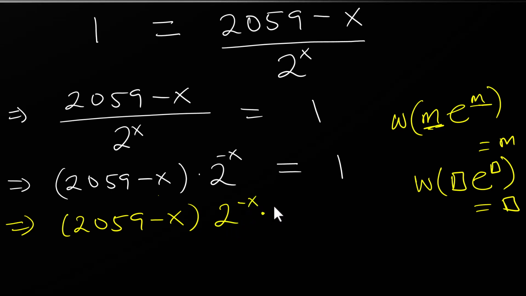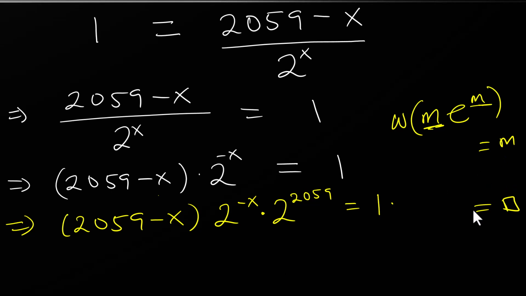So I'll multiply this side by 2 to the power 2059, and I'll do same here. 1 times 2 to the power 2059. Okay, so that's nicely done here.